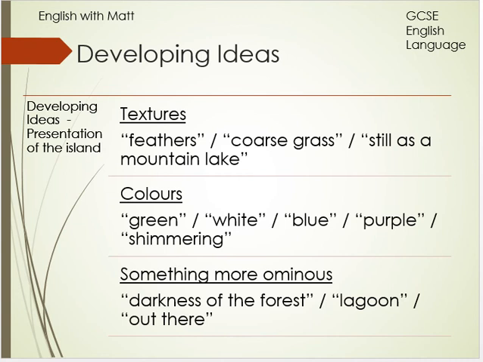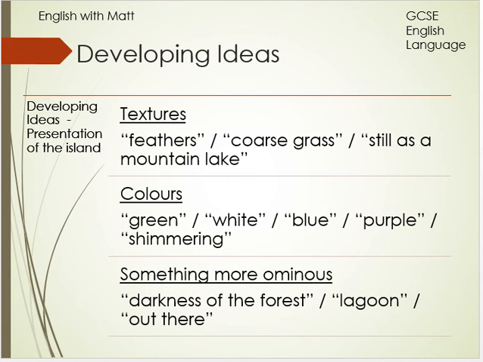But also that phrase out there, looking out to the horizon, this idea of out there, something that is maybe watching you but you can't see it, or just the vast scale of something regarding these little children on the island compared to the vastness of, you know, the horizon. Lots of colours, green, white, blue, purple, but also the adjective shimmering as well. That creates a sense of sparkling, you know, the sun sparkling on the water.